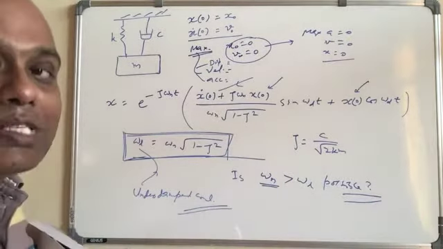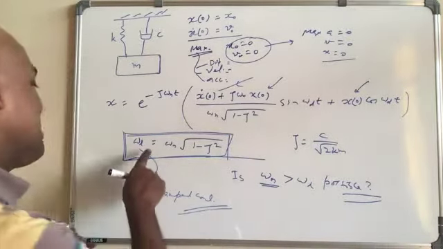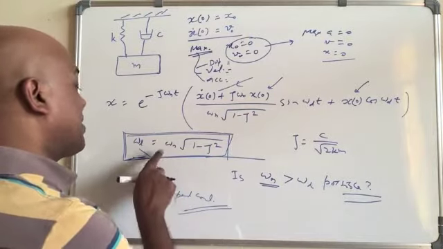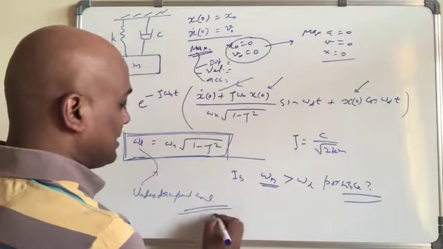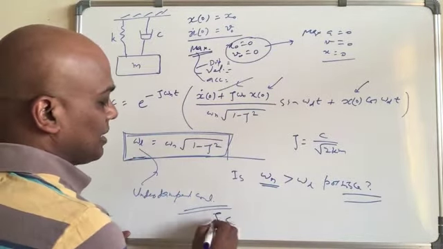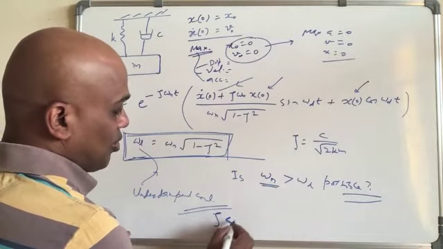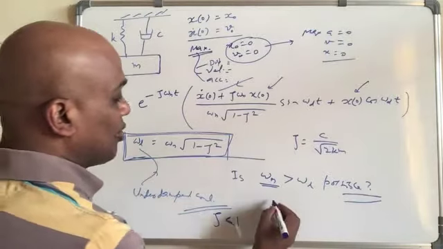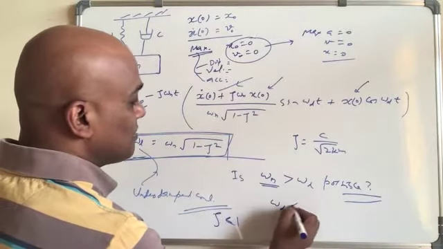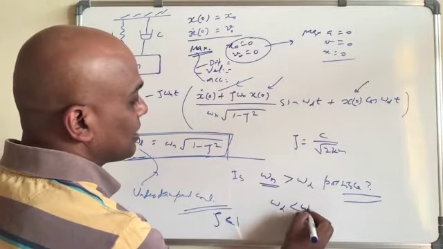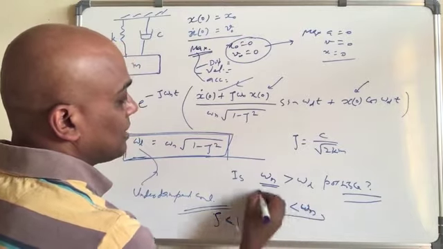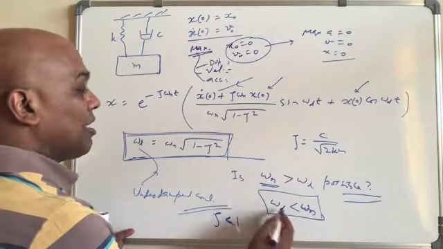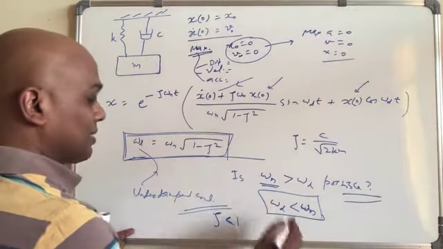Otherwise, omega d has no meaning. In the underdamped condition, zeta is less than 1 only. If zeta is less than 1, then omega d will always be less than omega n. So omega d is always less than omega n, basically, right?